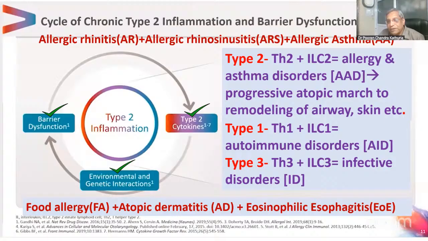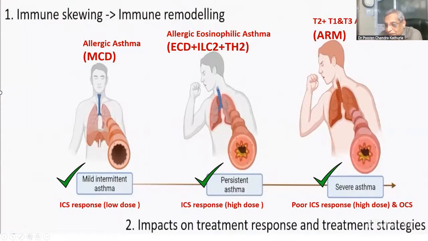It is the interaction of the cytokines from the Th2, IL-4, 5, and 13, as well as the cytokines from the ILC2, IL-5 and 13, which is responsible for the ongoing inflammation, while type 1 and type 3 belong to autoimmune diseases and infective disorders. But our allergic disorders, type 2, are primarily due to environmental along with genetic predisposition factors, where the cytokines go on in perpetual inflammation.